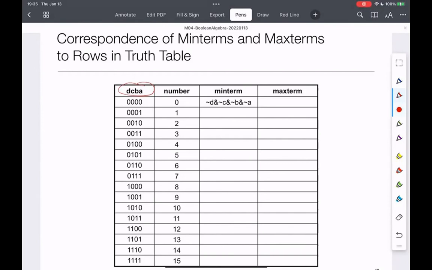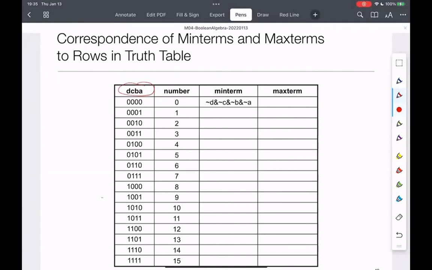What's the minterm for this row? The idea is DCBA: D is 0 and C is 0 and B is 0 and A is 0. So the minterm is the one which takes the value 1 when we are in row 0. And that would be not D and not C and not B and not A.